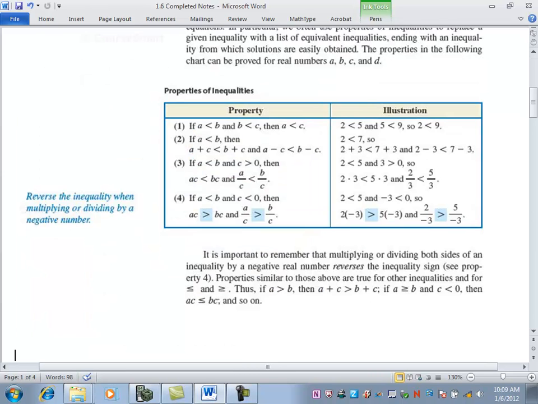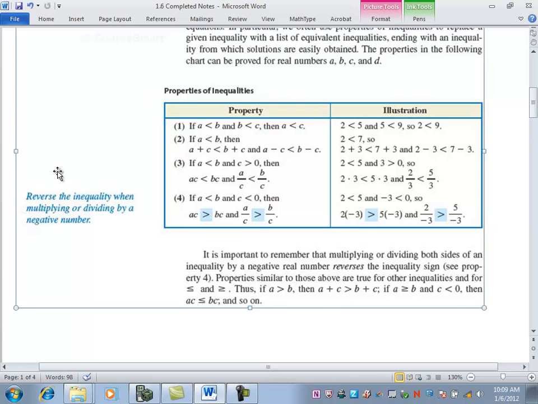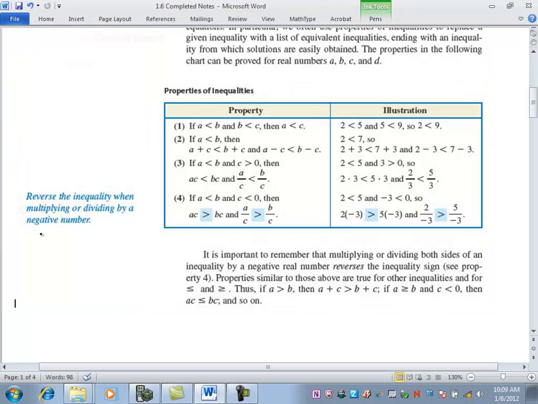Same thing with the properties of inequalities. The one thing that I'm going to remind you of is that anytime you multiply or divide by a negative number, you are going to reverse the inequality symbol, okay? And we see that here.